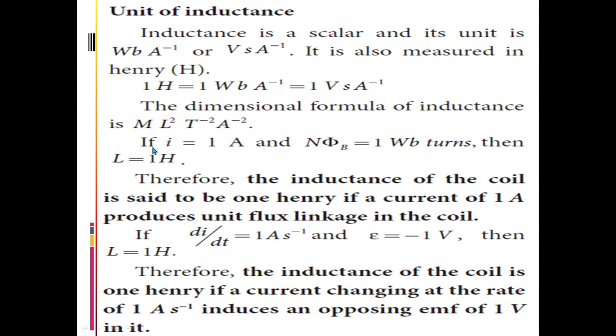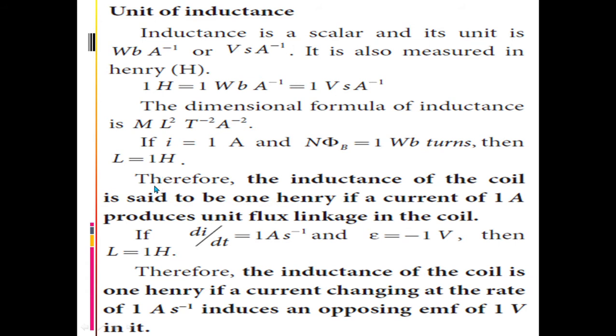If I is equal to 1 ampere and N phi B is equal to 1 Weber turn, then L is equal to 1 Henry. L is 1 Henry because the current is 1 ampere and the flux of each turn of the coil is 1 Weber, so the inductance of the coil is nothing but 1 Henry.